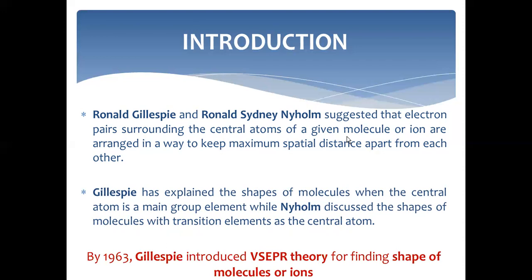Finally they concluded, and Gillespie introduced what is called the valence shell electron pair repulsion theory, simply the VSEPR theory, for finding the shape of molecules and ions. Why do we need the VSEPR theory? That is the major reason: we need to find the shape of molecules and ions.